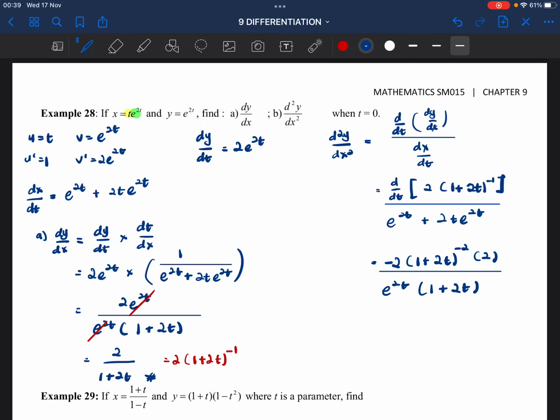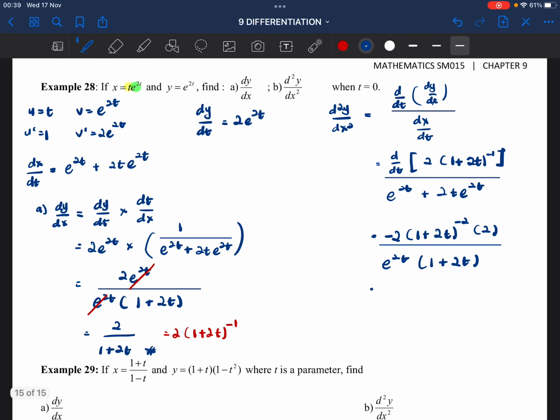On top we will get negative 4, and we can simplify this: negative 4 over e to t, bring down 1 plus 2t, so that should be power 3. So that is your second derivative.